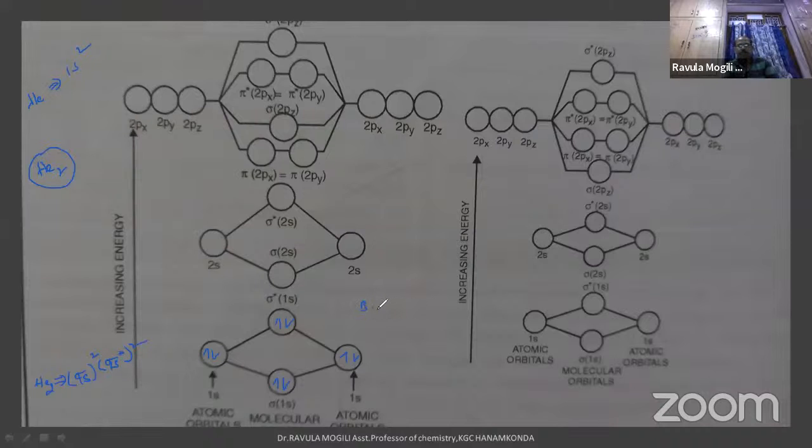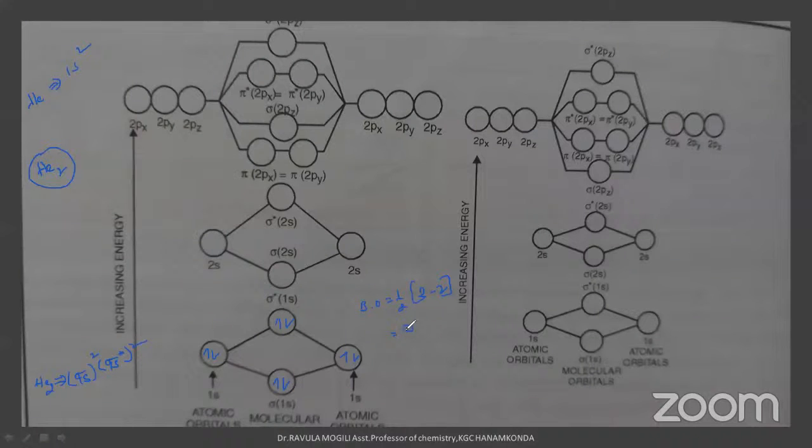Bond order is 1/2 times (bonding electrons 2 minus anti-bonding electrons 2), which is 2 minus 2 equal to 0. So 1/2 into 0 is equal to 0.